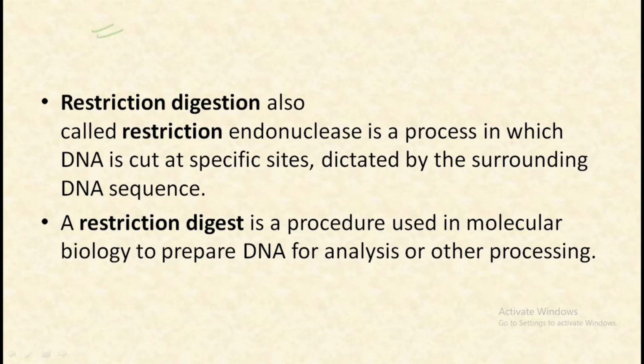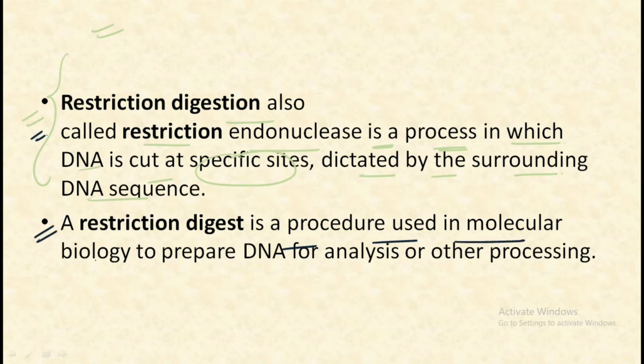Restriction digestion is the process in which the DNA is cut at specific sites that are dictated by the surrounding DNA sequences. We will understand this line in the subsequent slides. A restriction digest is a process used in molecular biology to prepare DNA for analysis or for other processing, as we have just discussed.